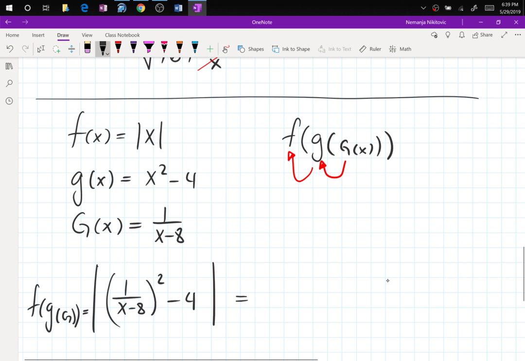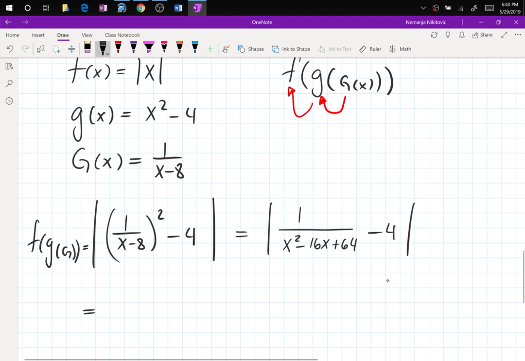So now we square this. We get 1 over x squared minus 16x plus 64, and we have minus 4.